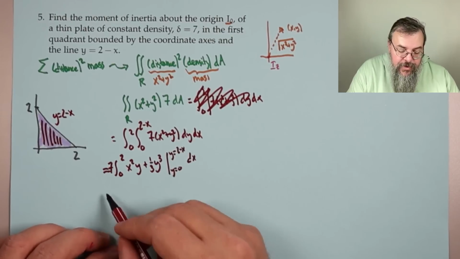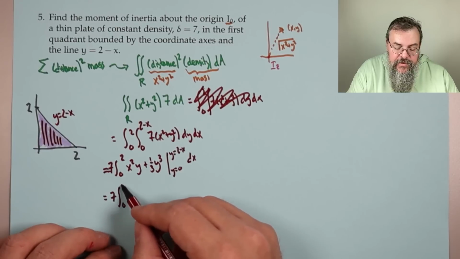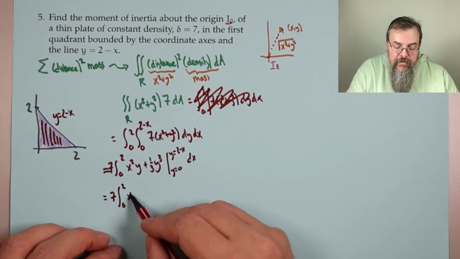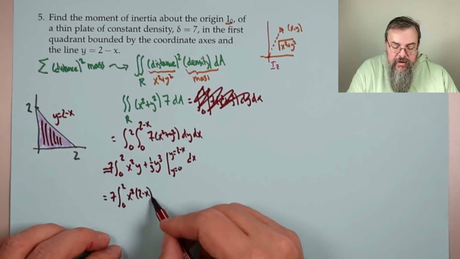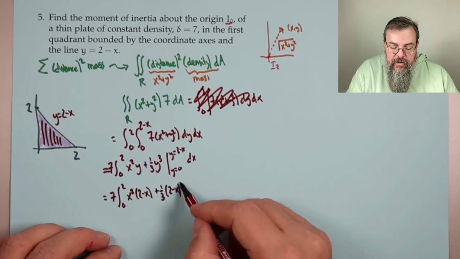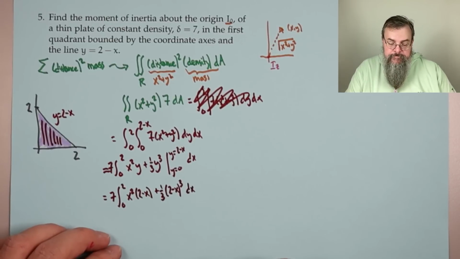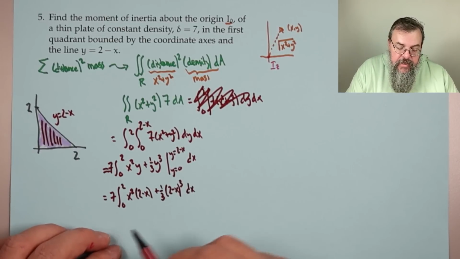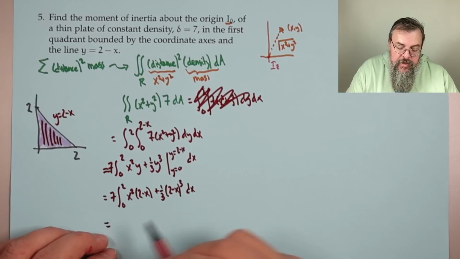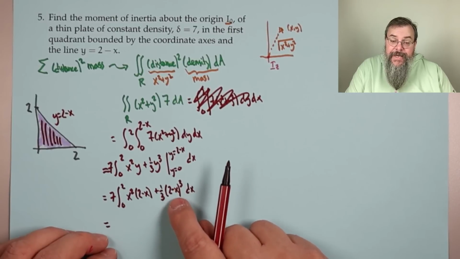All right, well, that's 7 integral 0 to 2 of x squared times 2 minus x plus 1/3 2 minus x cubed dx. And, all right, well, now, what can we do? What we can do is we can expand that.